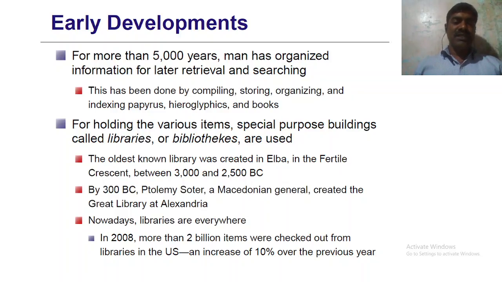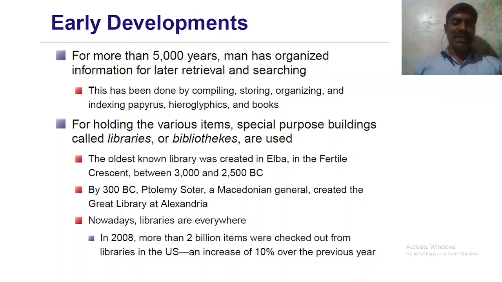The oldest known library was created in Ebla in the Fertile Crescent between 3000 and 2500 BC. By 300 BC, Ptolemy Soter, a Macedonian general, created the Great Library at Alexandria.